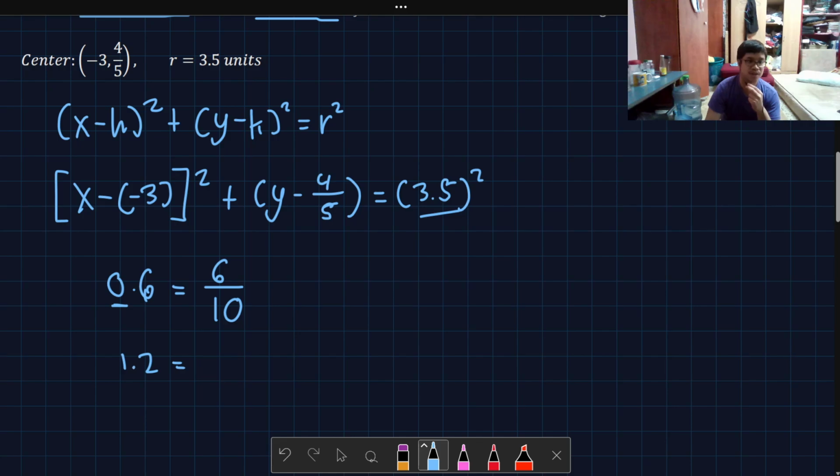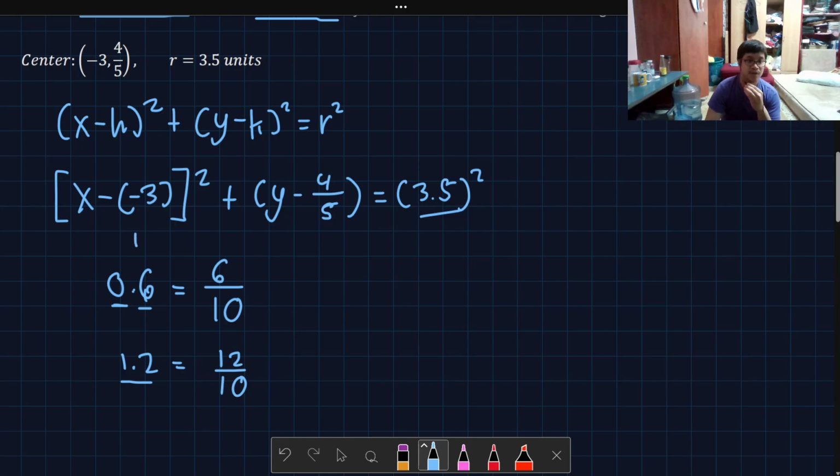Since there exists a decimal point between them, it implies that the number has been divided by 10. So this would be 12 all over 10, all right? So that's basically it. If you have 0.6, it implies that 6 is divided by 10. If you have 1.2, it implies that 12 is divided by 10.